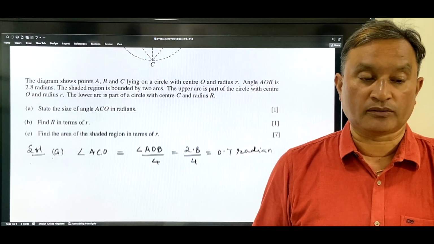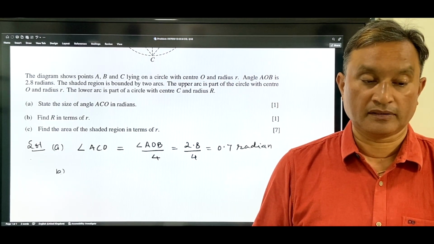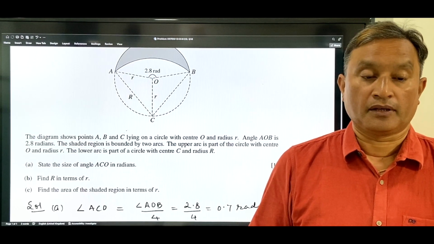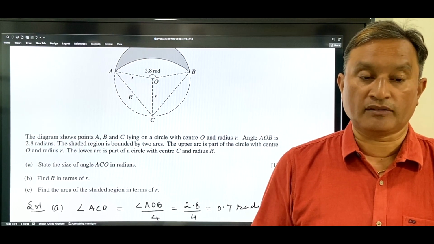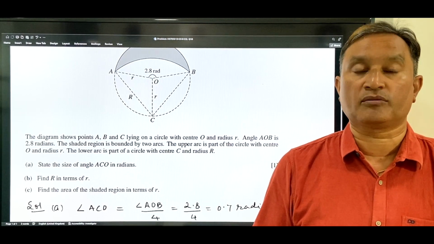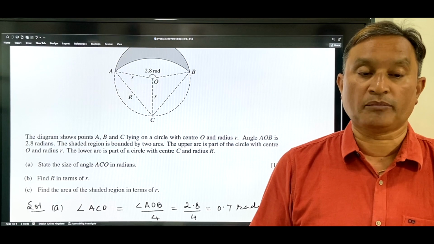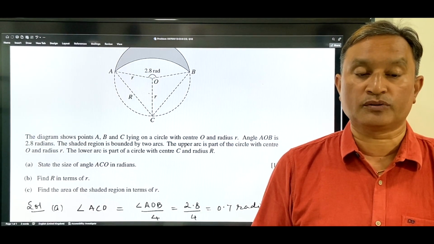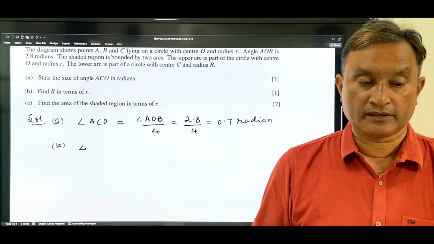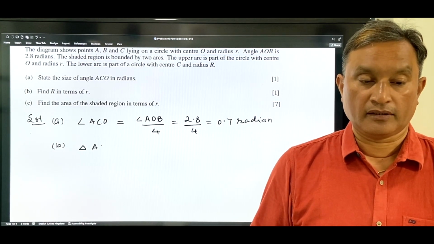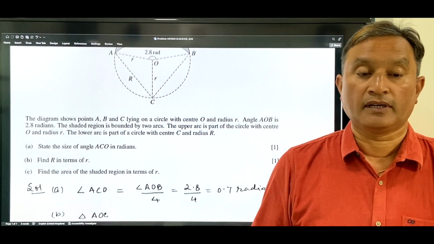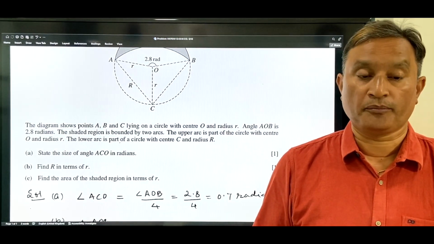Now we will proceed to B part. In B part, we have to find the value of capital R, and in terms of small r we will have to give the answer. So we will be considering the triangle AOC, and we will apply the cosine rule.